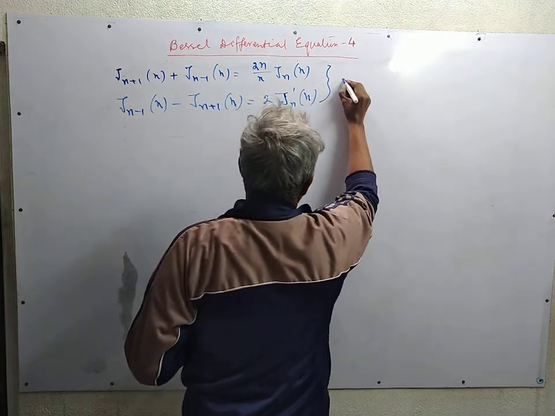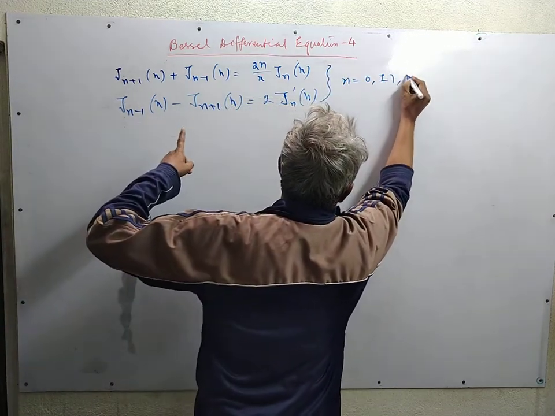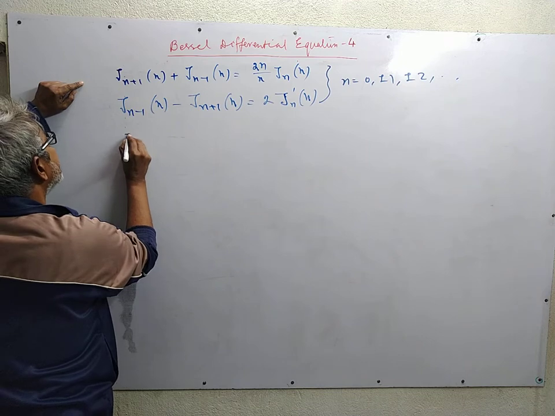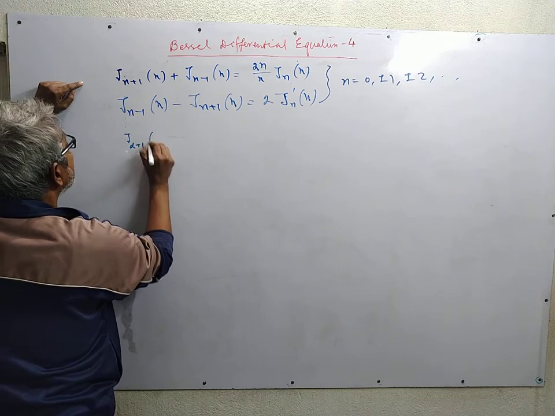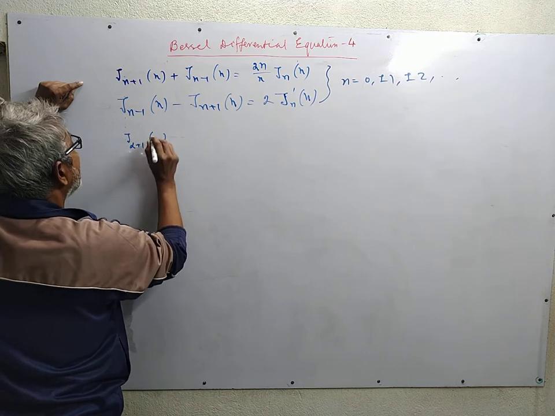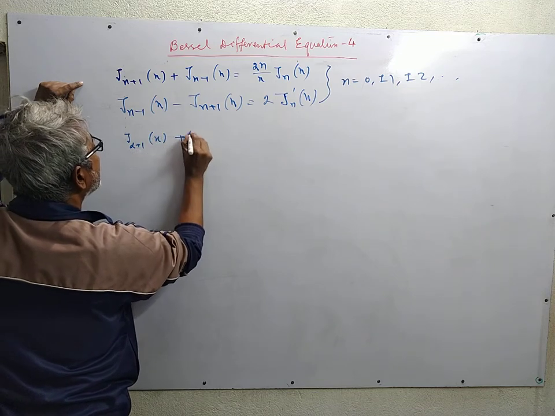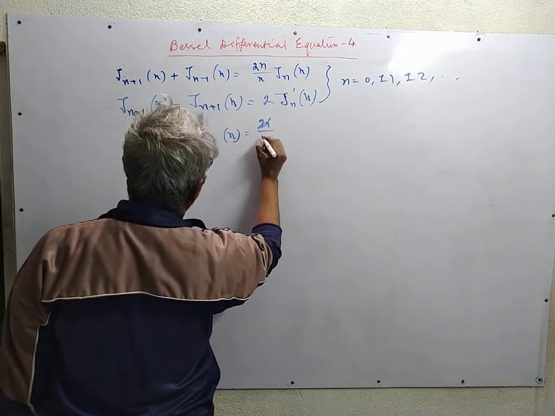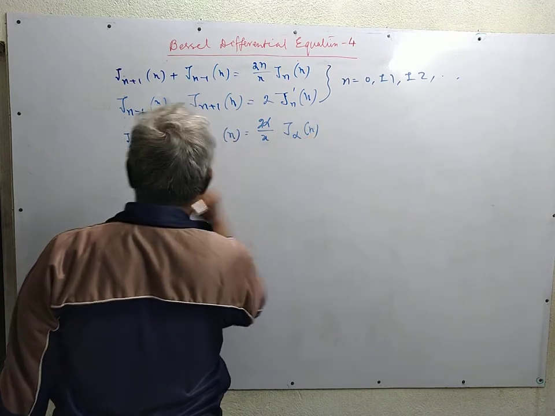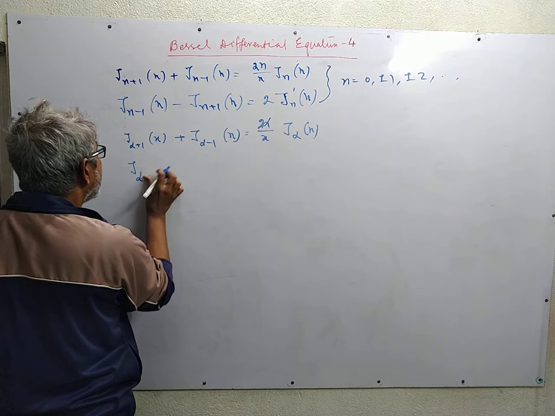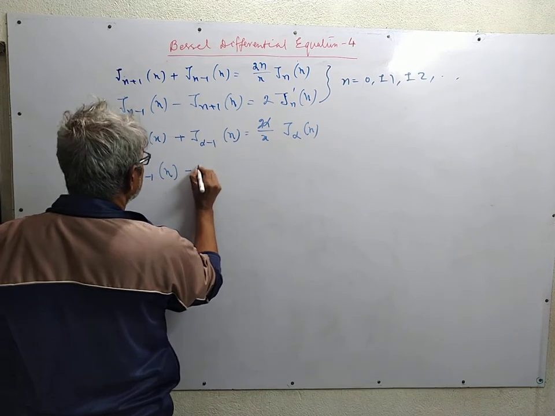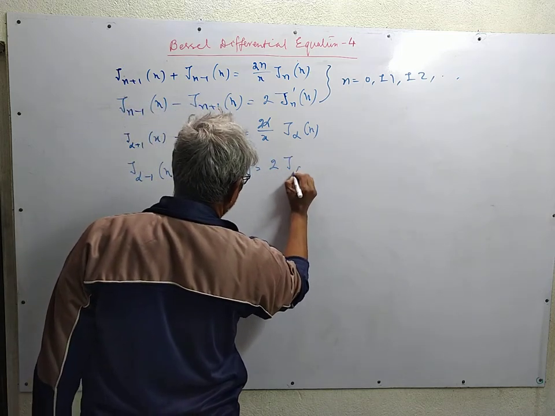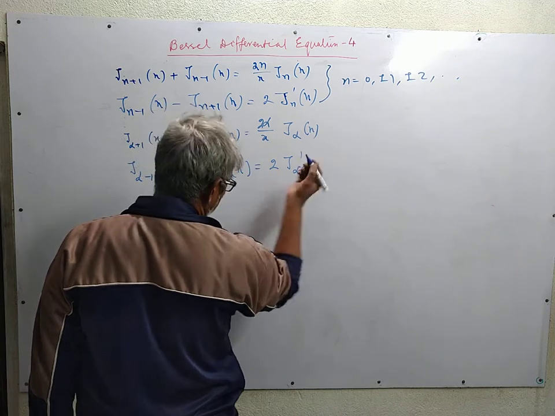That is, in this relation we have obtained for n is equal to 0, plus minus 1, plus minus 2, etc. Now we shall obtain the similar result, which are J alpha plus 1 of x plus J alpha minus 1 of x is equal to 2 alpha by x J alpha of x, and J of alpha minus 1 of x minus J of alpha plus 1 of x is equal to 2 J alpha prime of x, where alpha may be anything.